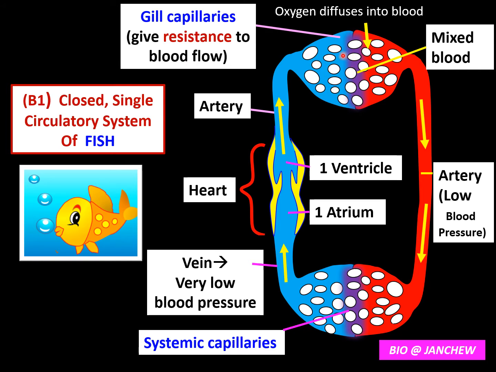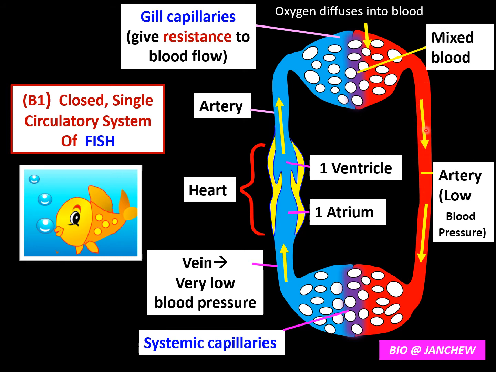The gill capillaries are many, and they have a large total surface area, so there's friction between the blood and the walls of the capillaries, and this gives resistance to the blood flow. So finally, when the blood flows out from the gill capillaries, the blood pressure has been lowered, and the blood flow is slower.